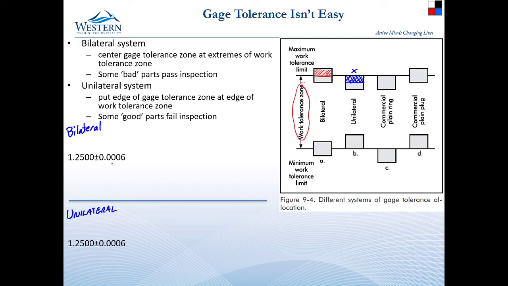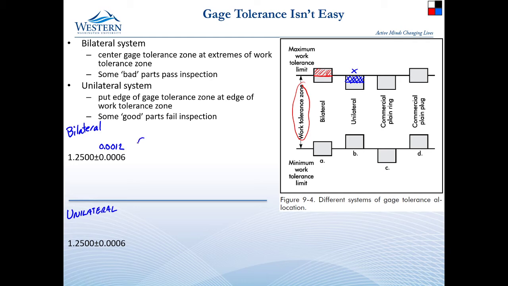And our tolerance zone here is 6 10,000ths of an inch. But I have plus 6 10,000ths and minus 6 10,000ths. So that means that my total zone is 0.0012.